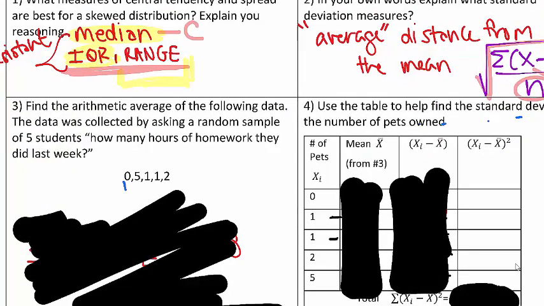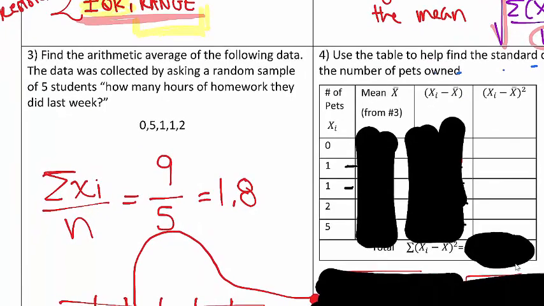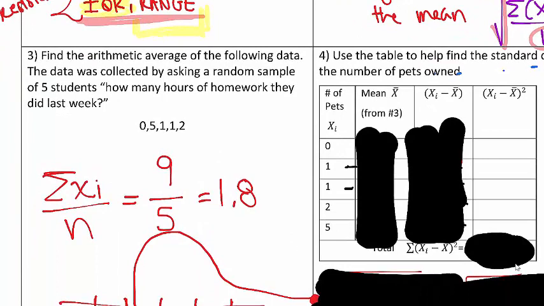Here, find the arithmetic average, i.e. the average you know. Add them all up and divide by 5, right? This plus this plus this plus this plus this is 9. That's what this means. The sum of xi means add up all of the values and divide by the total number of values.